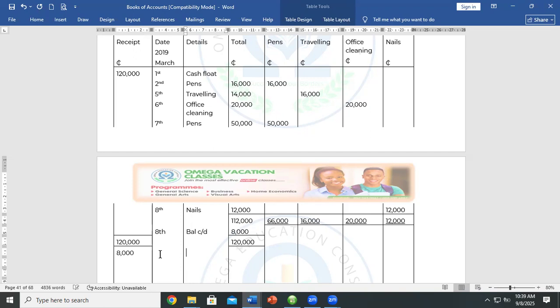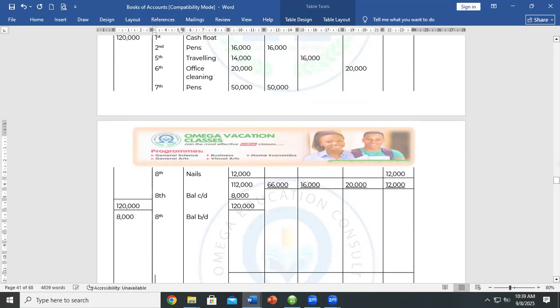What date are you going to use? Professors, again, use the same date, the 8th, on which you have to do the reimbursement. So now that you have shown this remaining balance, before you can continue to spend, you have to give the petty cashier how much he has spent.